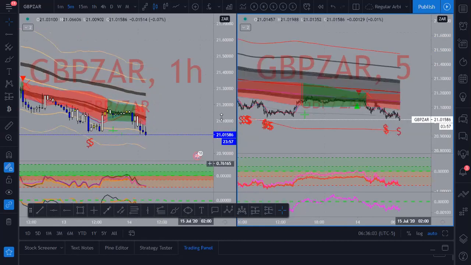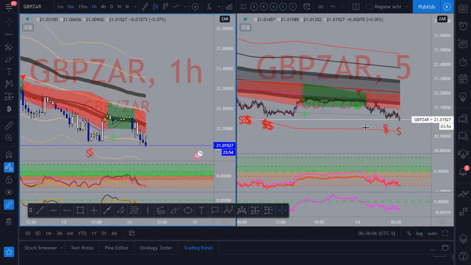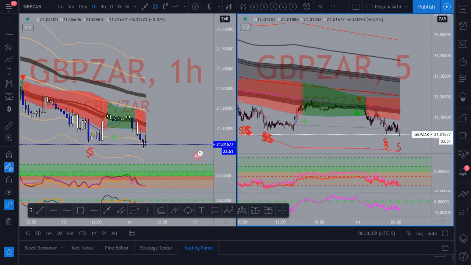All right, so GBPZAR looks kind of the opposite of what EURUSD looks like. It's at this 2 deviation level right here. It's kind of broken through that 2 deviations level. But I do want to see price respect here.